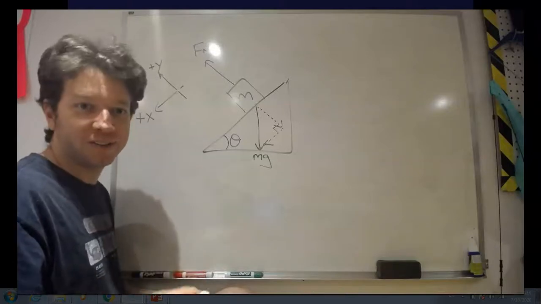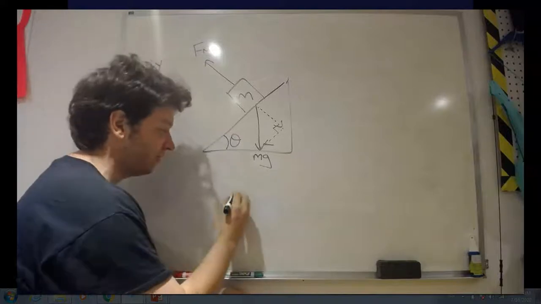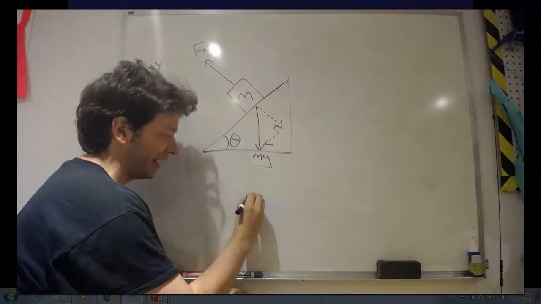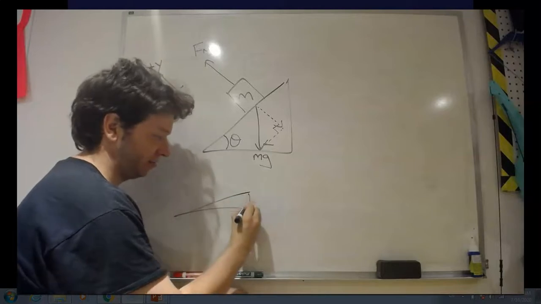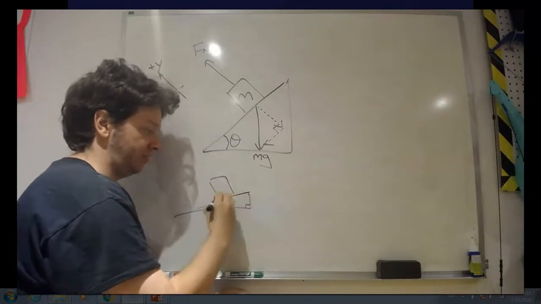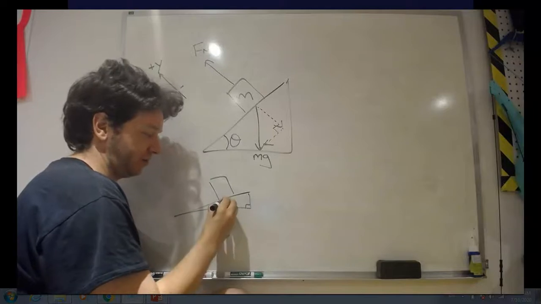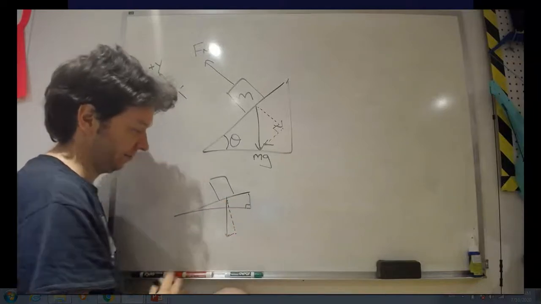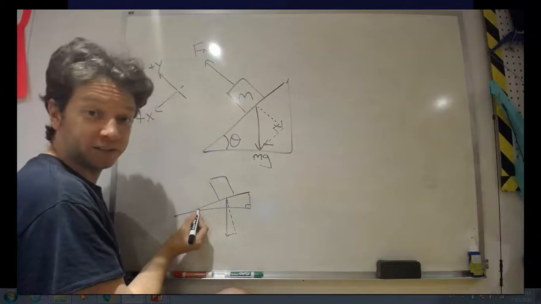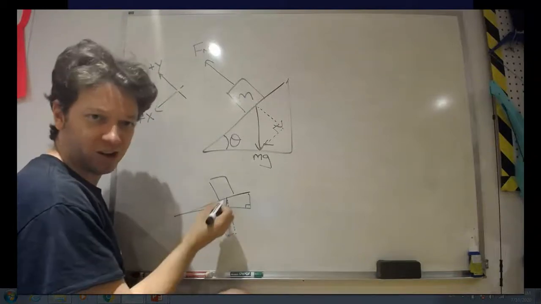Okay, now I'm going to assume you've unpaused the video. So let's look at this two different ways. One, what if the ramp had an angle very, very small, like a couple degrees, like this? Let me redraw this. This vector is down, and so it looks like this. Now, this is a very small angle. Which one of these two angles is also very small? It's the top one, isn't it?